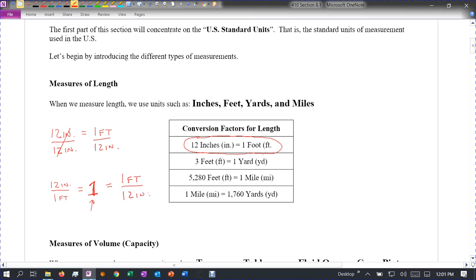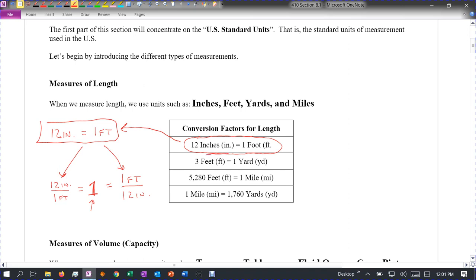So what am I saying? When you're given a conversion factor like this one, there are two ways you can write it. You can write it as 12 inches over 1 foot, or you can write it as 1 foot over 12 inches. And like I said, we're going to see how this factors in a little bit later.